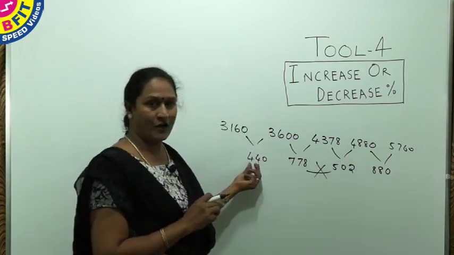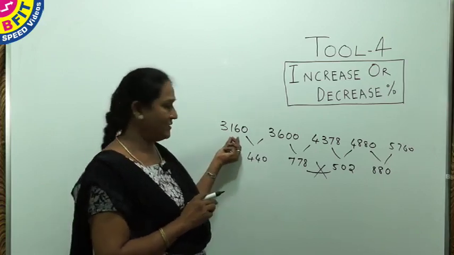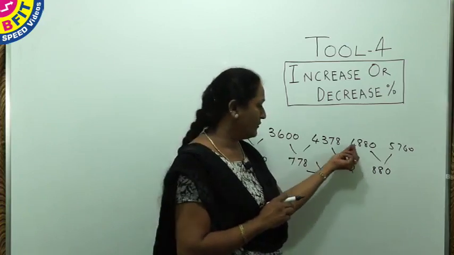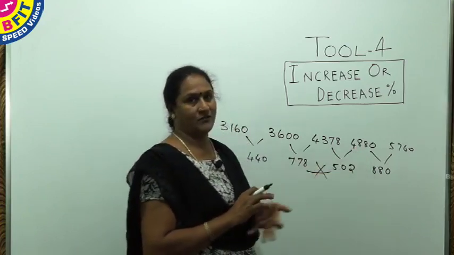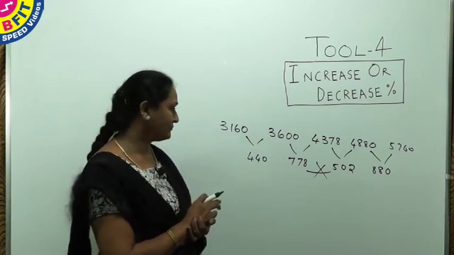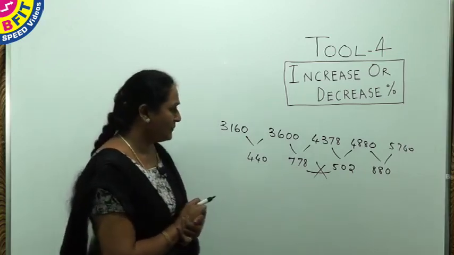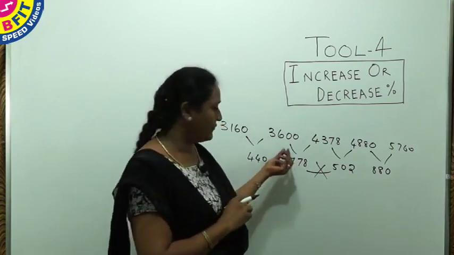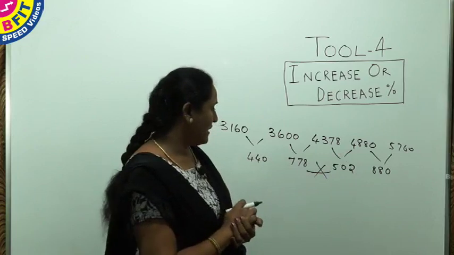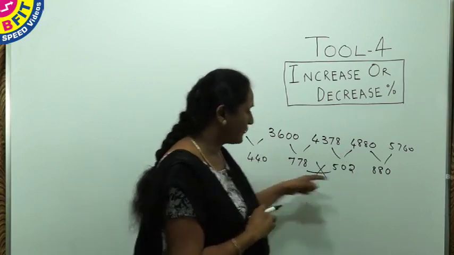This 440 is over 3160, this 880 is for 4880, and 778 is for 3600. So you have to check for these three years.